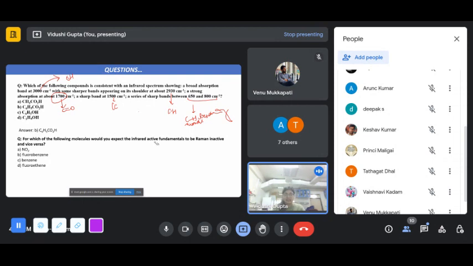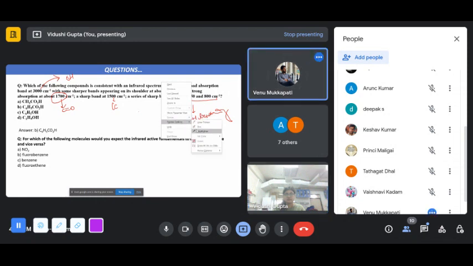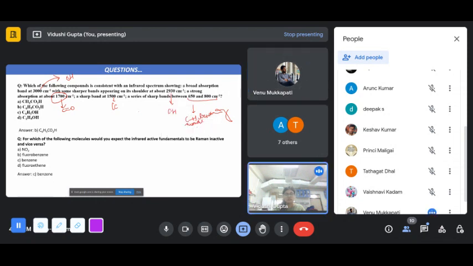NO2 is wrong. The answer will be benzene. Why benzene? Because of the inversion center.